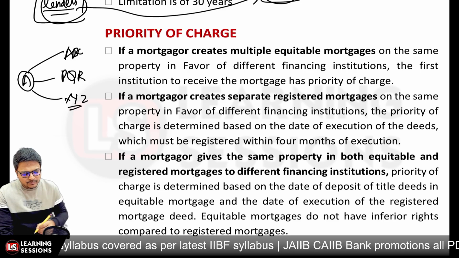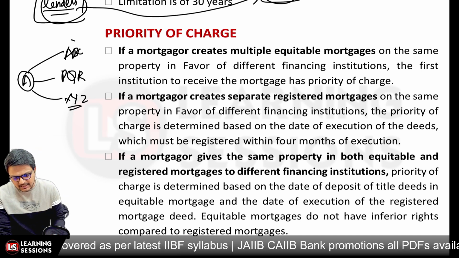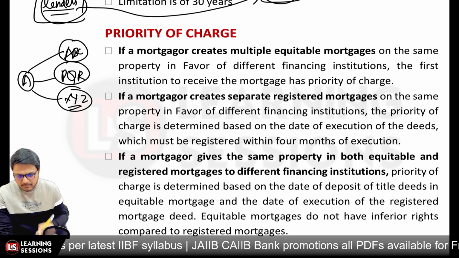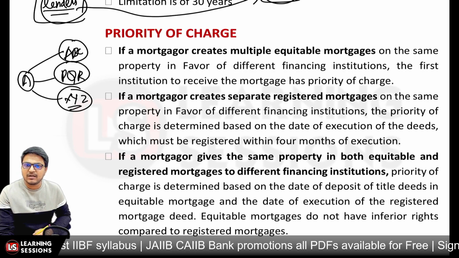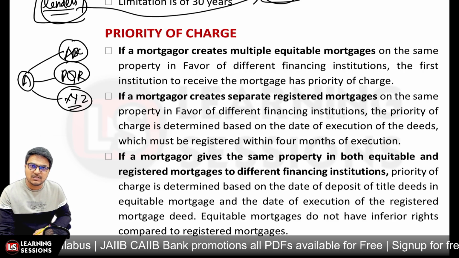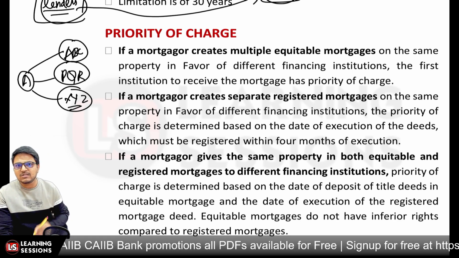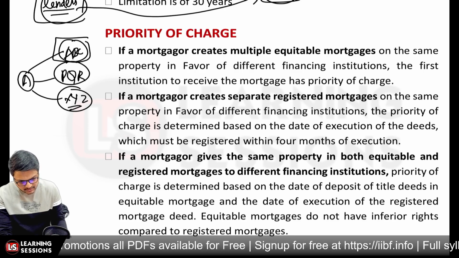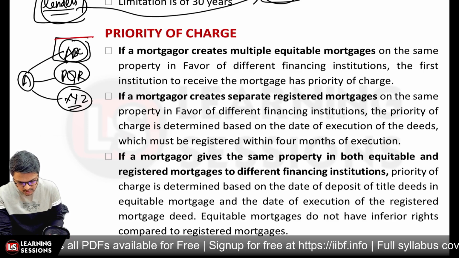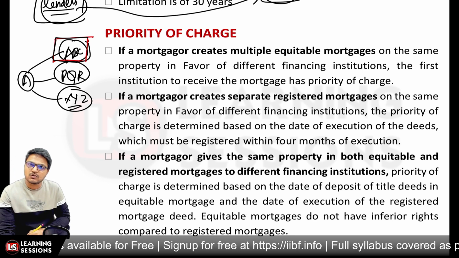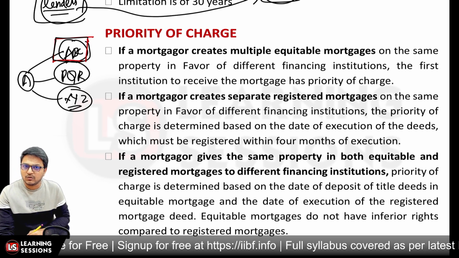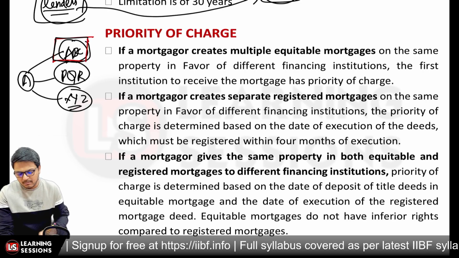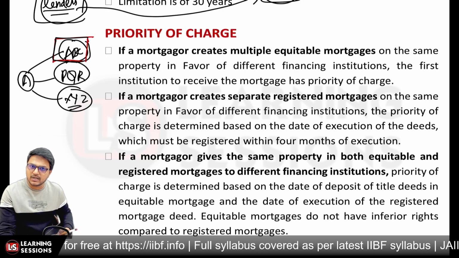In that scenario, if different charges have been created on the same property with different lenders or financing institutions, the first institution to receive the mortgage will have the priority. Only the first institution which has received the mortgage will have the priority, right? That's related to multiple charges created by the mortgager.